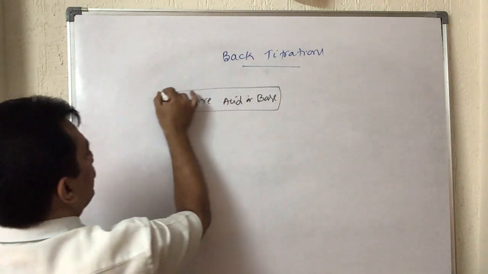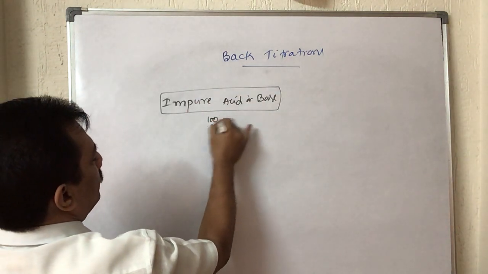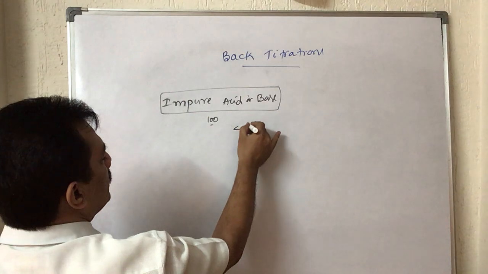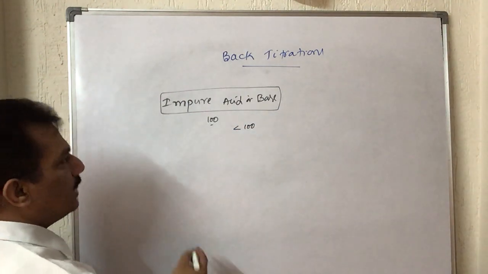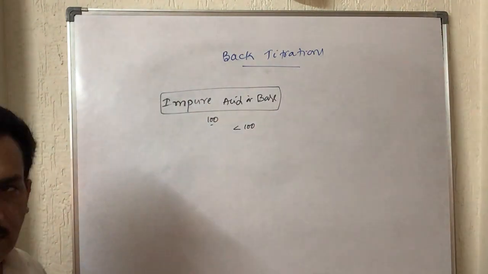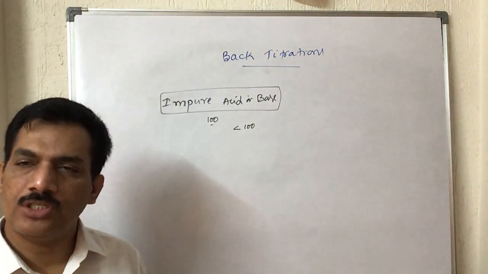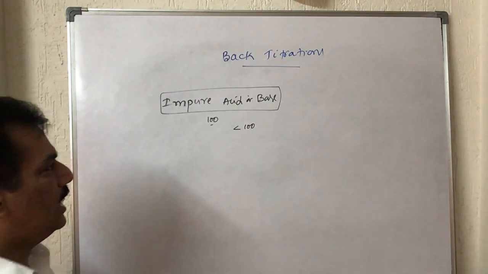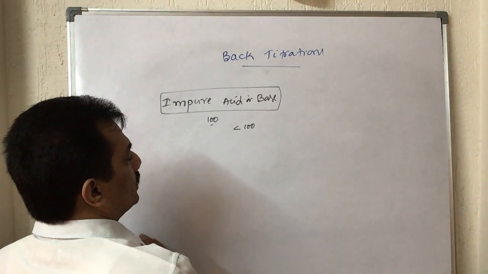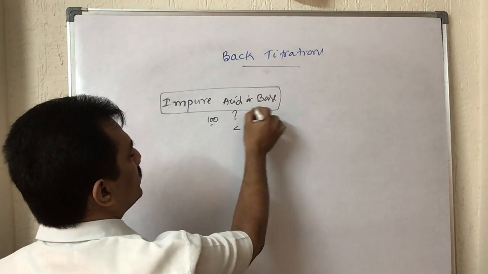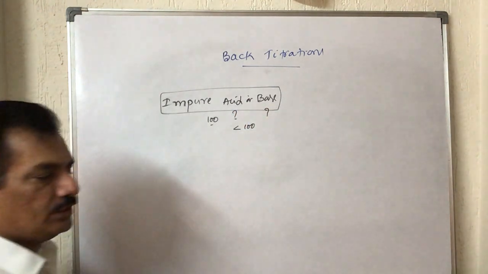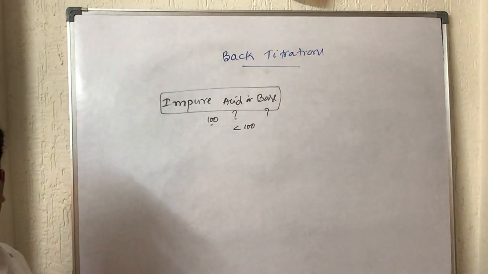Impure means, say out of 100 parts, if less than 100% is acid or base, then we can consider it an acid or base in impure condition, is it not? And now when it is impure, automatically we don't know what percentage of acid or base is present in that impure compound, is it not?